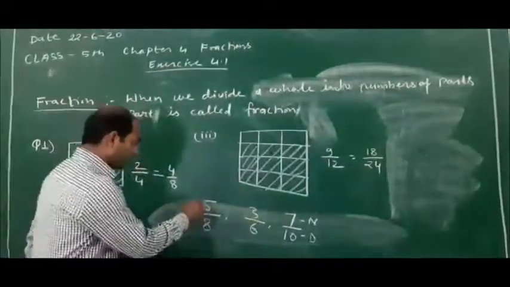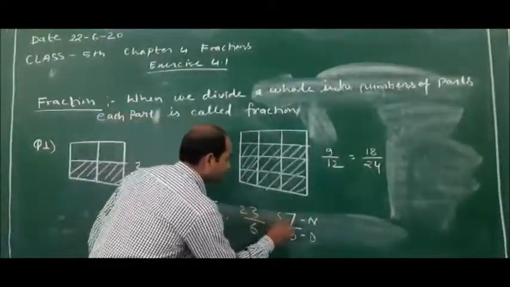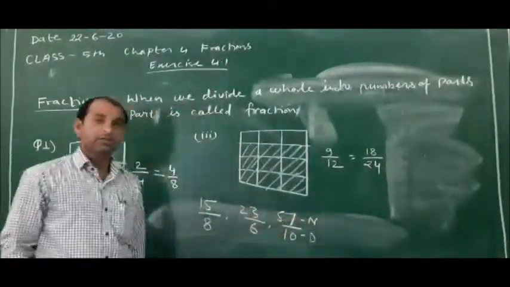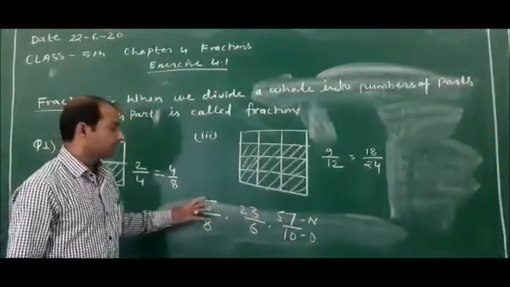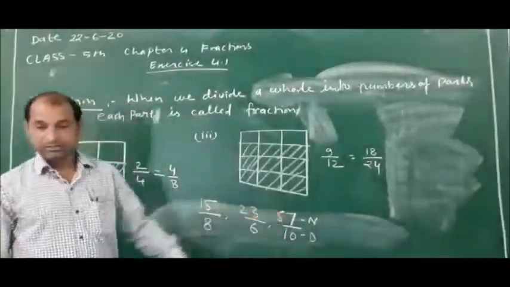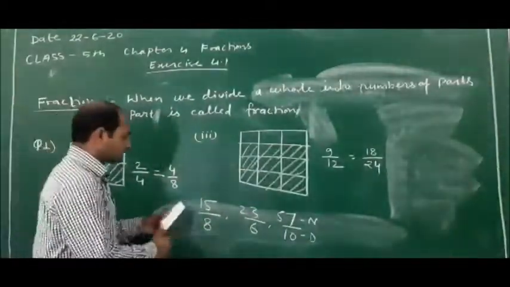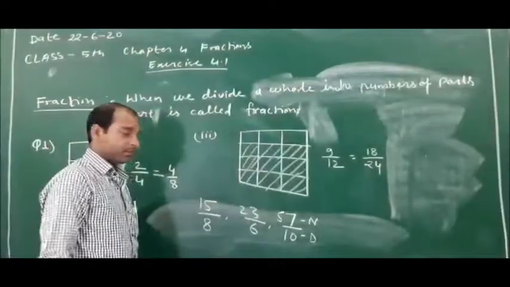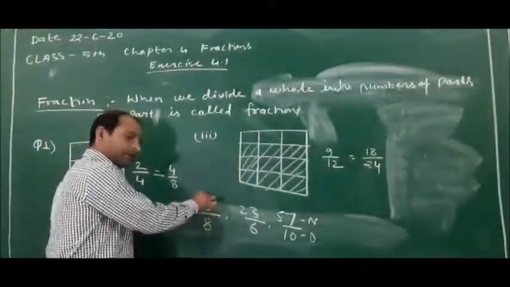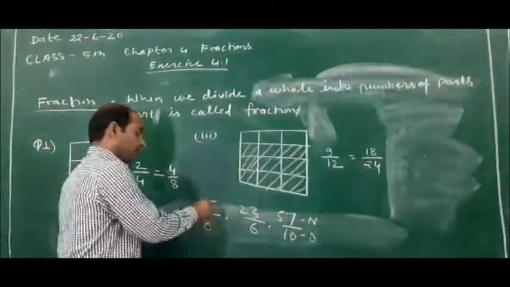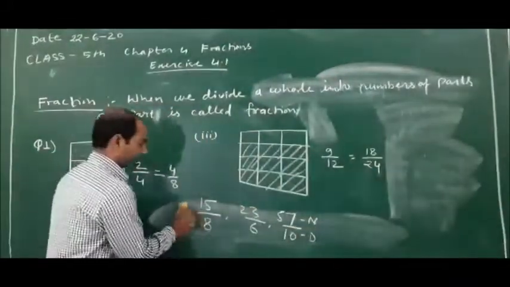If your numerator is greater than denominator, then these fractions are called improper fractions. यदि आपका डिनोमिनेटर से न्यूमरेटर ग्रेटर है, then these fractions are called improper fractions.